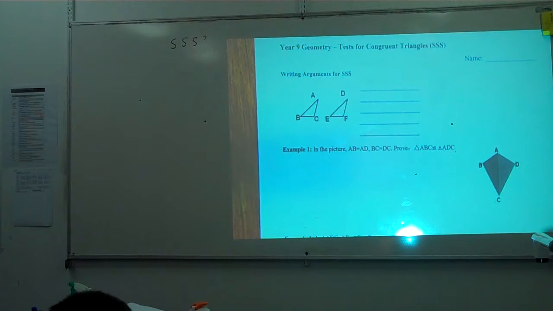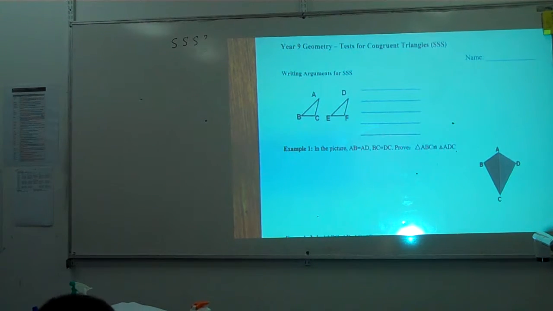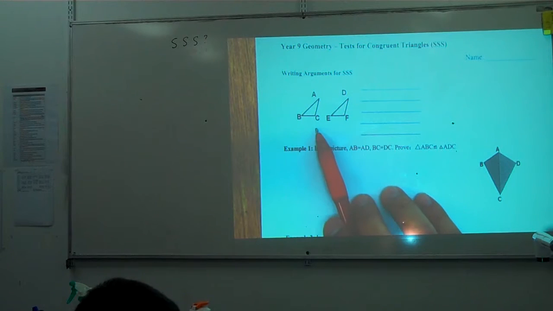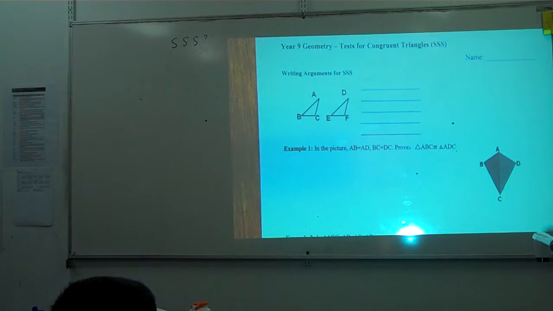So firstly, what you have to do is you need to identify which 2 triangles you want to prove. The triangles could be ABC, could be DHE, could be PQR. But which one I want to prove, I have to tell people.